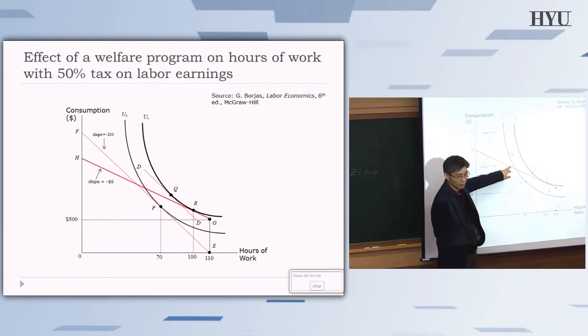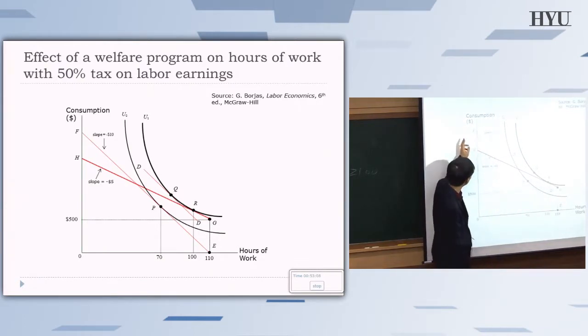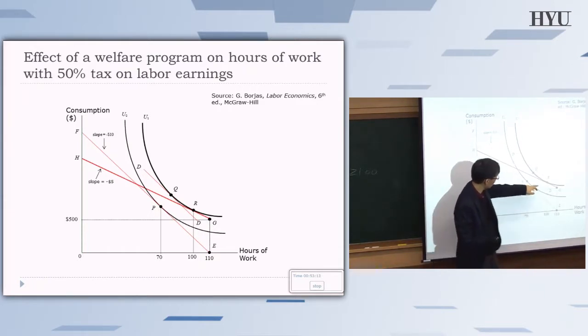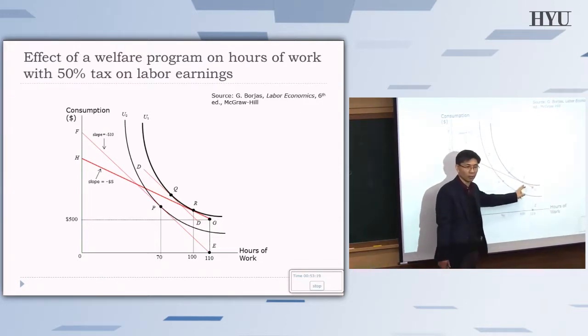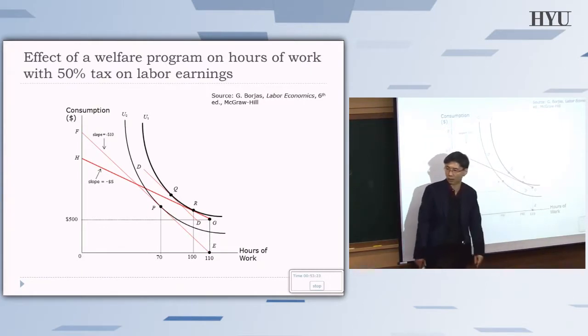Then before the welfare, the budget line was FKPE. Now it's FKRG. Get it? And this is not flat because it's not 100%. It's just the $5 line.